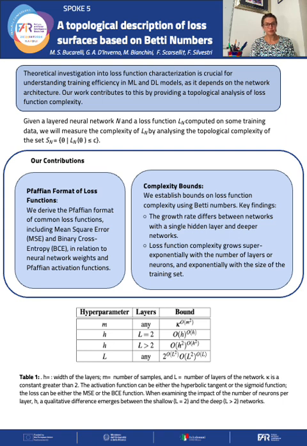And so, more precisely, our contribution can be summarized as below. We derive a theorem that states that if the activation function is Pfaffian, then the empirical loss function is also Pfaffian, and for Pfaffian functions we have what is called a format, a sort of complexity of this Pfaffian function, and we derive this format for mean-square error and binary cross entropy empirical loss.